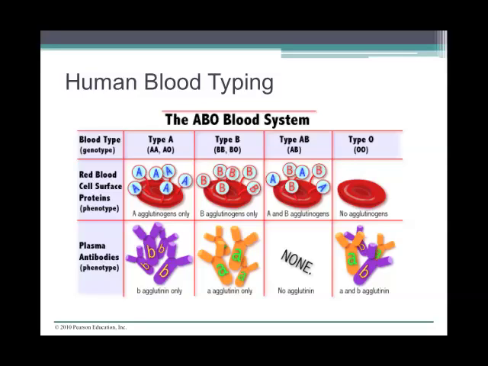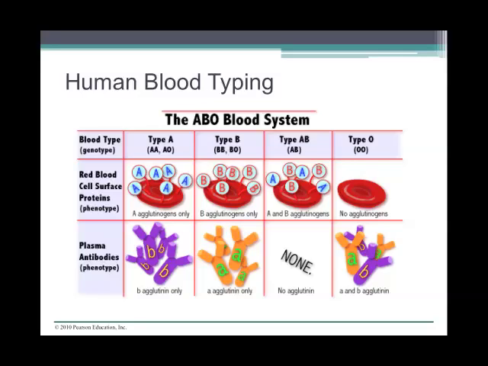And it all has to do with the genetics. So the 4 blood types are A, B, AB, and O. I'll talk about the genetics in a little bit. Let's look at the antigens and the antibodies.